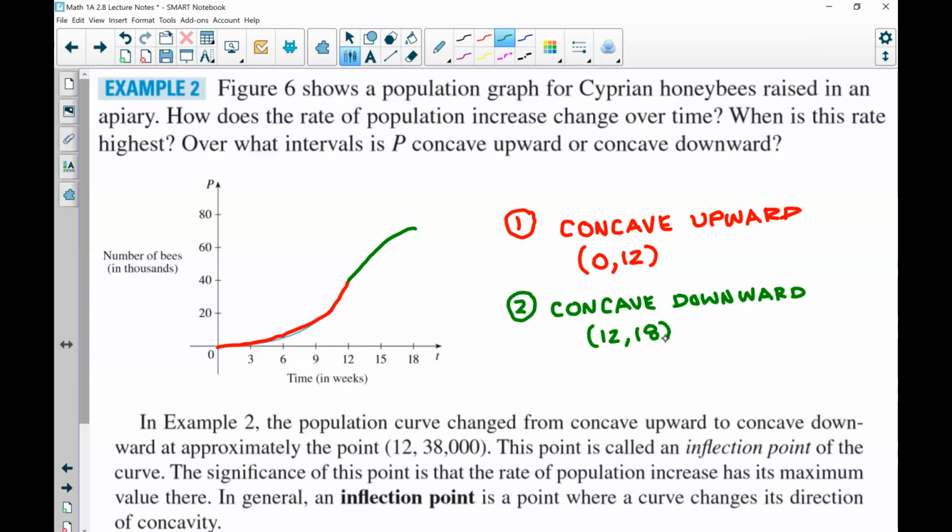So again, those are your two solutions to when the curve is concave upward or concave downward.